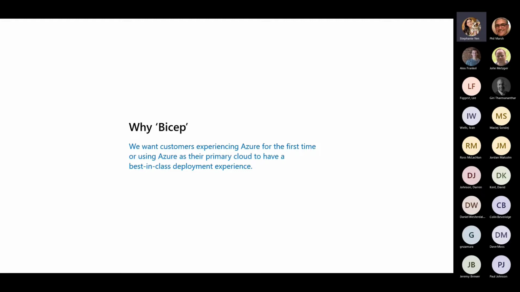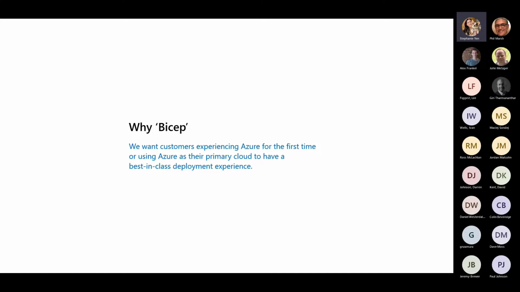Why Bicep? There are many ways to deploy resources to Azure. You can use the portal, PowerShell, CLI, Terraform, and any other options available elsewhere. So why are we creating another way to deploy resources? We see a lot of ARM template usage today with our users, as they are by far the most widely used tool to declaratively deploy resources to Azure.